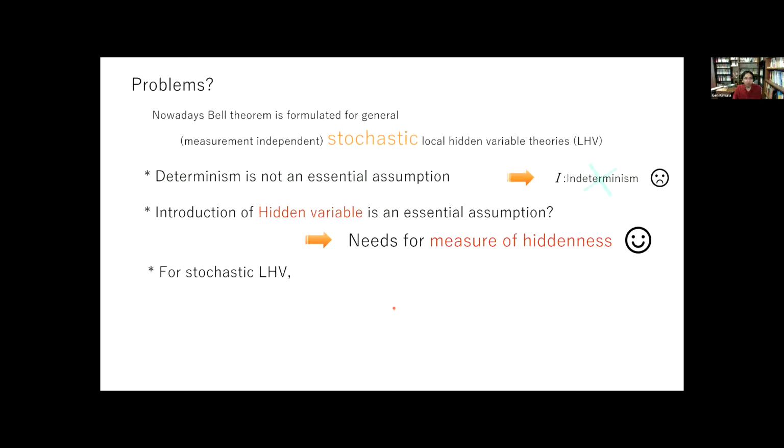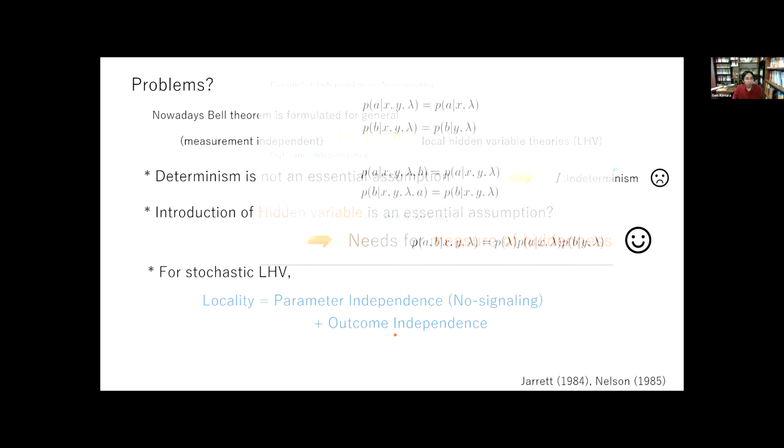Moreover, for general stochastic LHV, it is known that Bell's locality is not equivalent to the parameter independence or no signaling properties, but we also need another independence called the outcome independence. And here the parameter independence or no signaling means that the local probability is independent of the local measurement context, while the outcome independence means that the local probability distribution is independent from the remote outcome.